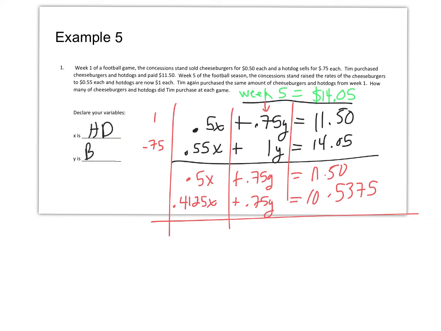All right, now I'm going to tweak the lower equation so I can make things cancel. So here we go. Let's subtract 0.5 minus 0.4125. I get 0.0875x. Y's cancel. Now I'm going to do 11.50 minus 10.5375.